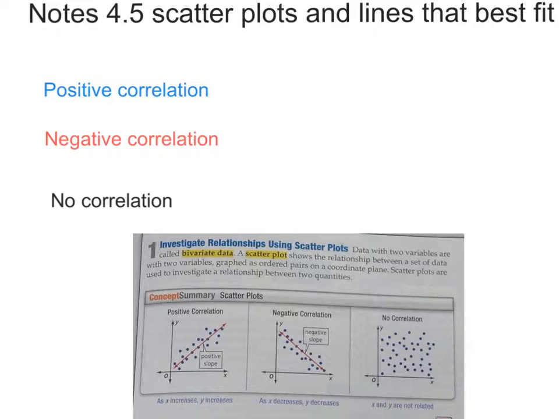But you take that data, the info that you get from your real life situation, and you plug it into a graph, an XY plane. Unlike what we've been doing in algebra, where everything lines up perfectly and you get a perfect line, in the real world you get a bunch of different data which doesn't line up, but it does have correlation. So let's talk about different types of correlation.